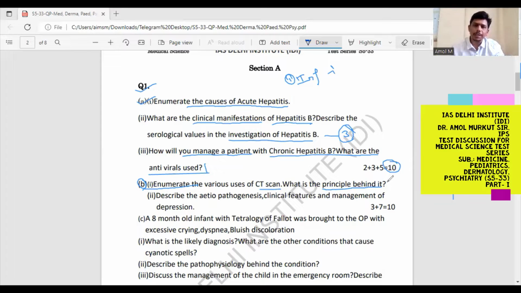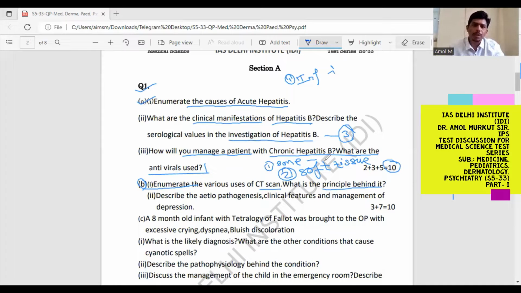So what you have to do is classify these things into, say, bone, joints, soft tissue, malignancy, body cavity. You can divide your investigations or the uses under these headings.